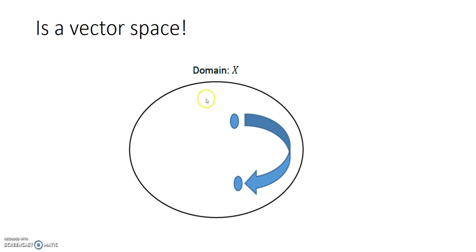So a vector space is one where if I take an element inside of the domain and I either add it to another element or I scalar multiply it by an element or both, that it ends up still inside of the domain. In other words, another way of thinking about this is that the domain is the same as the range.